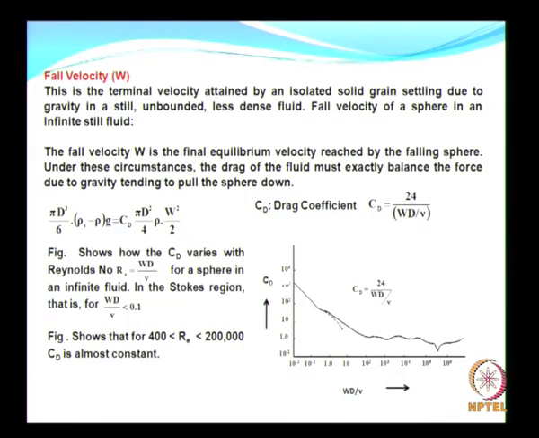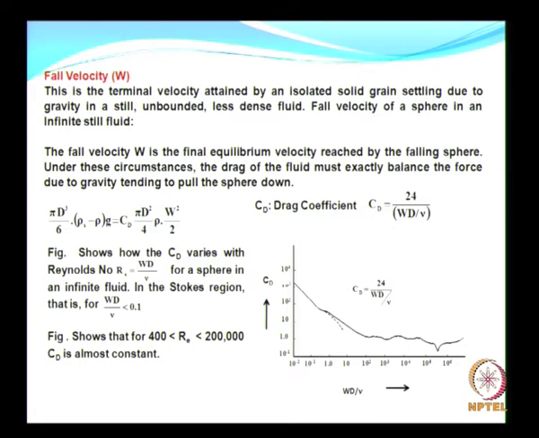It is the terminal velocity attained by an isolated solid grain settling due to gravity in still unbounded less dense fluid, because you want the sand to go into the fluid, it will settle down, right.